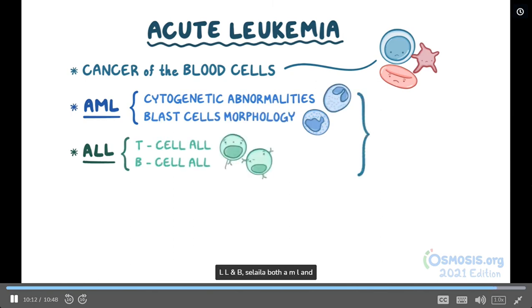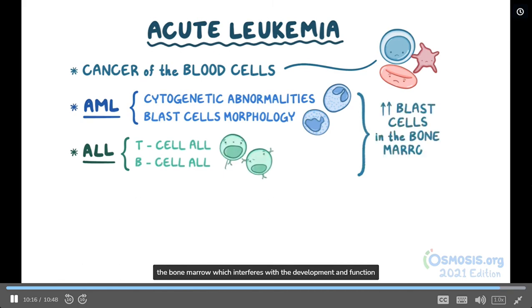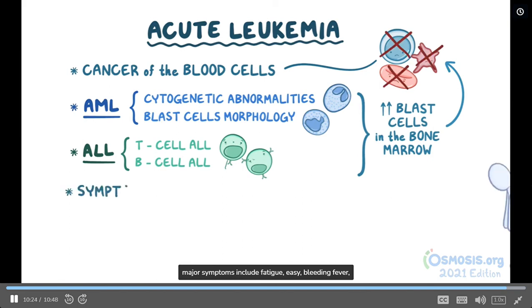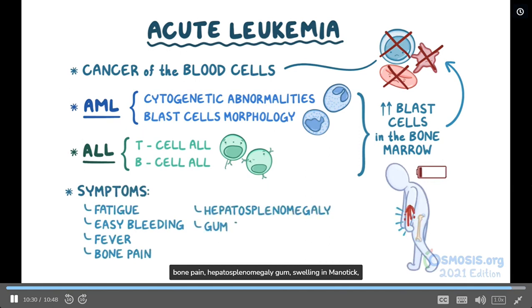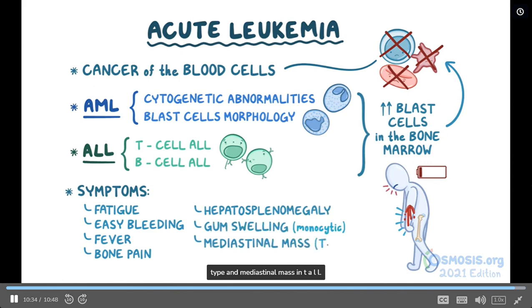Both AML and ALL lead to accumulation of blast cells in the bone marrow, which interferes with the development and function of healthy white blood cells, platelets, and red blood cells. Major symptoms include fatigue, easy bleeding, fever, bone pain, hepatosplenomegaly, gum swelling in monocytic type, and mediastinal mass in T-cell ALL.